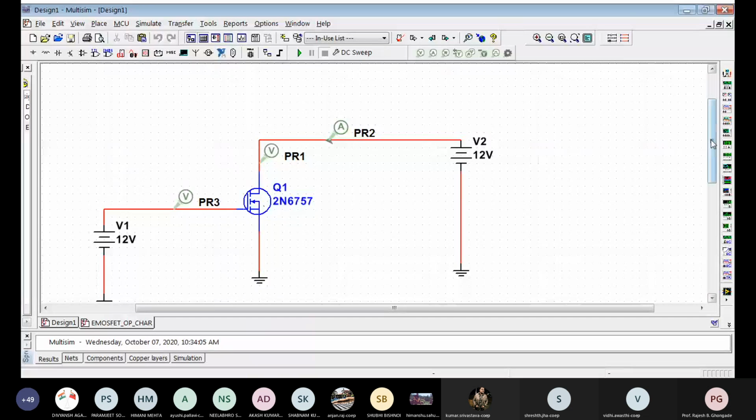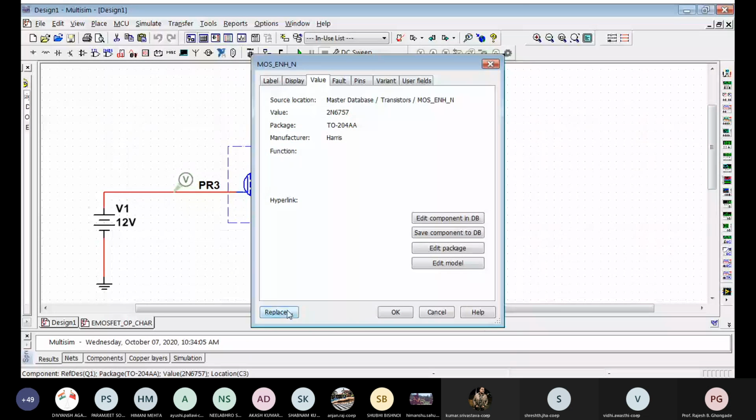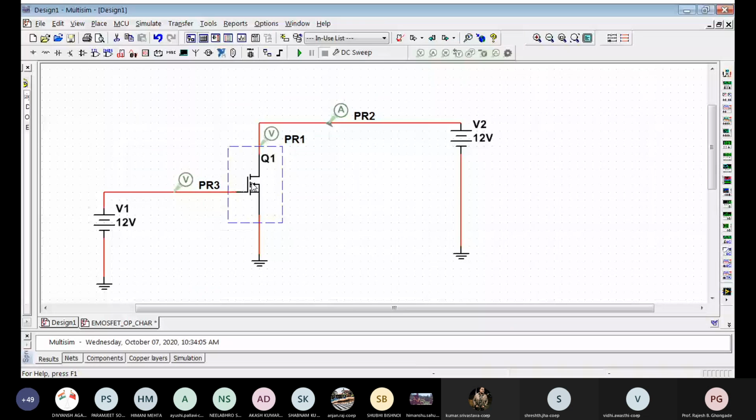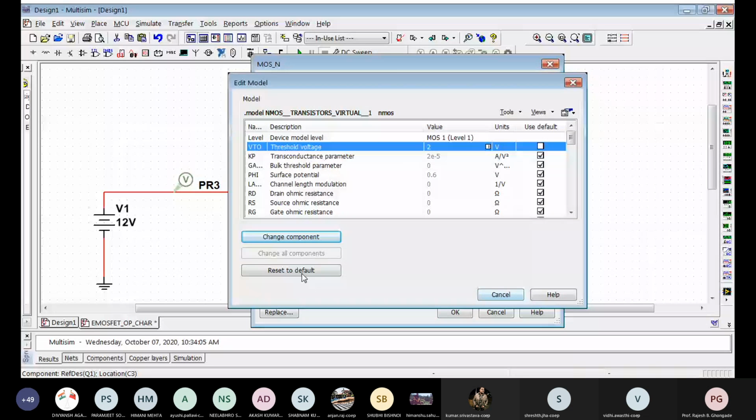Is this visible to all? Yes, sir. You can change this to 1000. Threshold to 2.